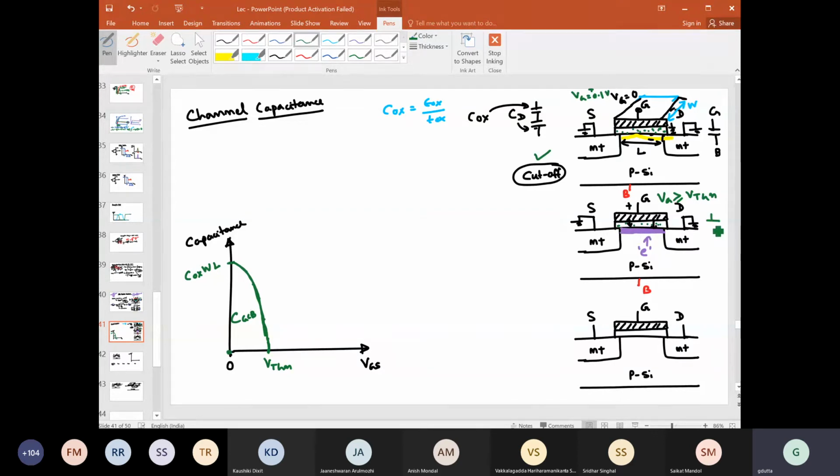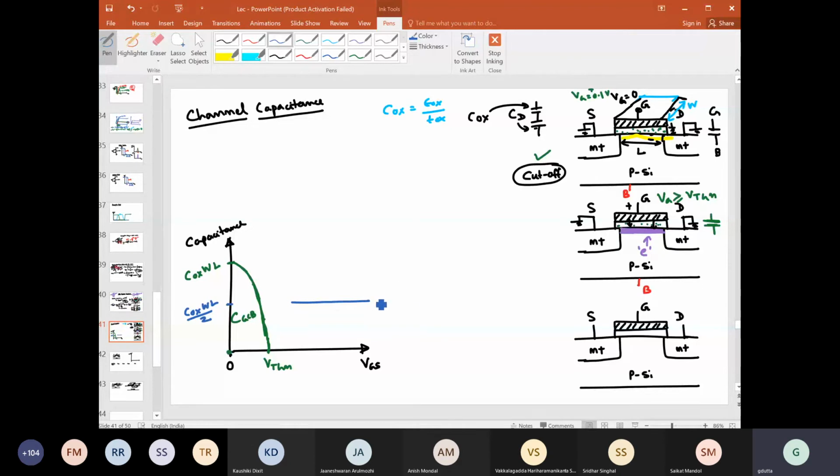Again, the separation between the top plate and the other plate of the capacitor is only the Tox. So again the total capacitance will become Cox W into L. But this total capacitance will now be divided equally between the source and drain. You understand my point? So once this has happened, the total capacitance will be equally divided between the source and drain.